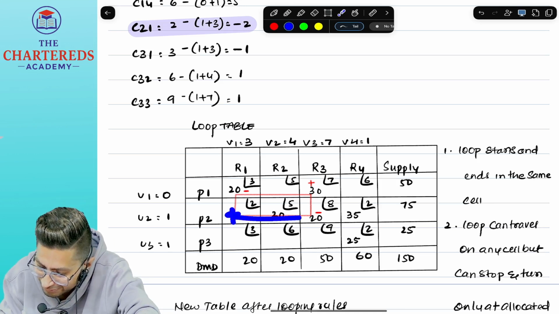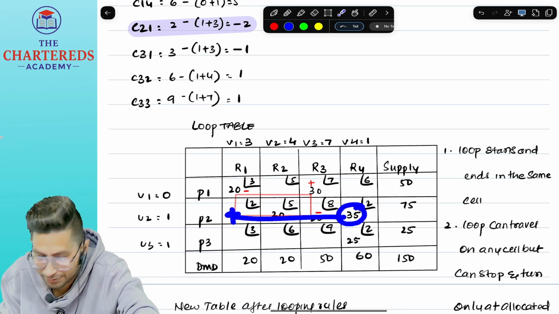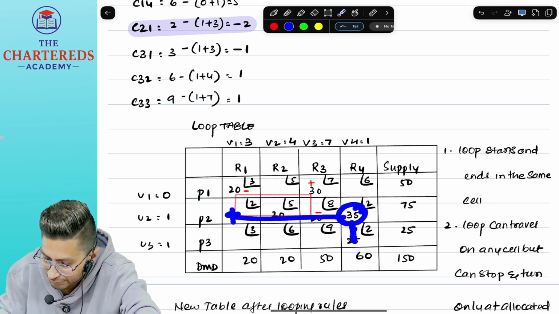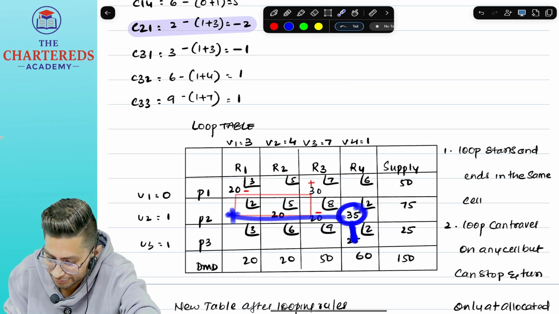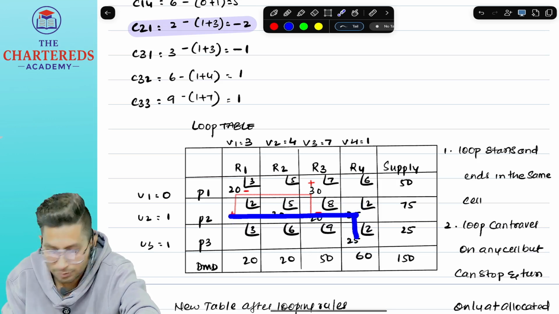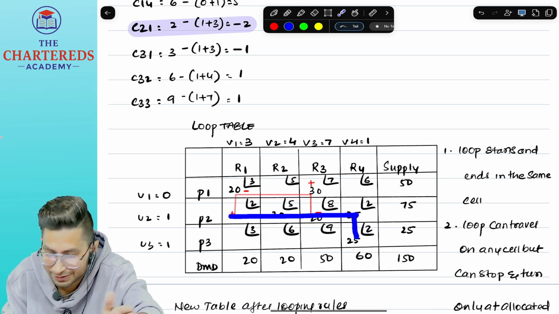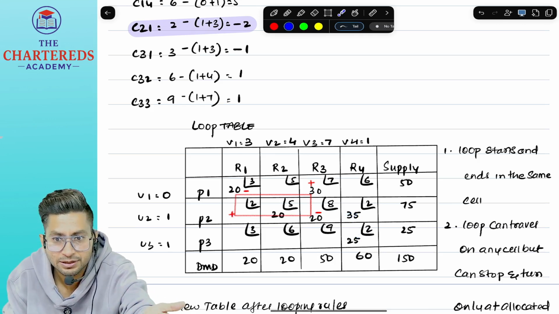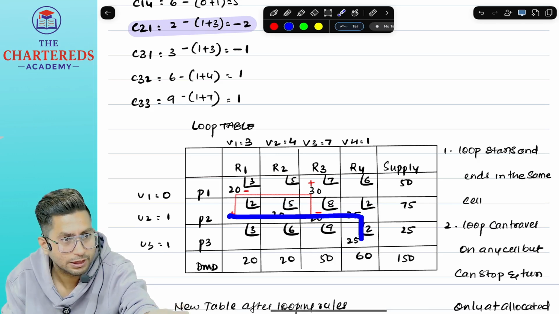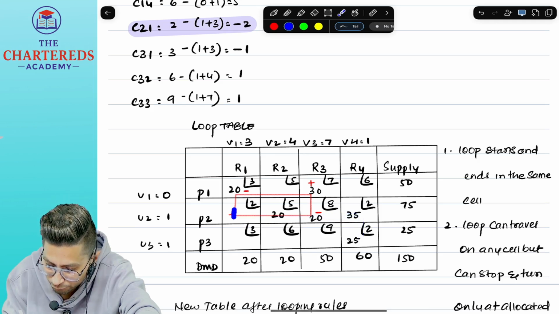From here, can I go here? Yes. From here, can I go down? Yes, this is also allocated. From here, can I turn down? Can I take a left? So will the loop form? The loop will not form. So what will I do? From here I'll go here.